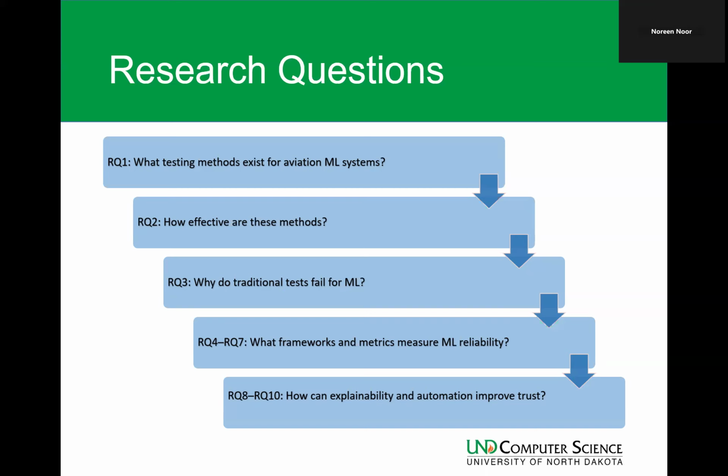Question number two asks how effective those methods actually are. Do they work well in real environments or are they mostly theoretical? And the third one digs into why traditional testing doesn't work well for machine learning. Unlike rule-based systems, machine learning can change behavior based on data, which makes it unpredictable.